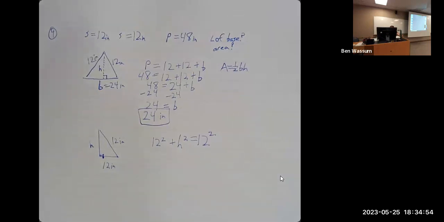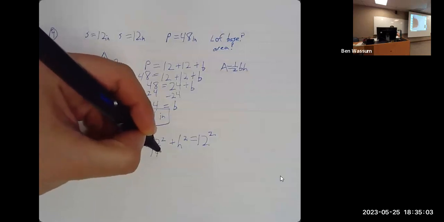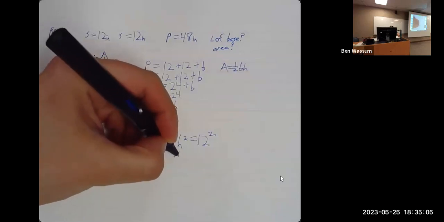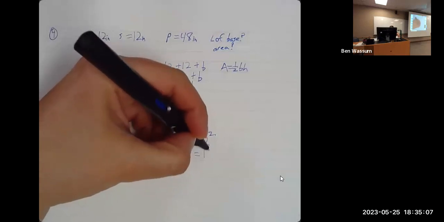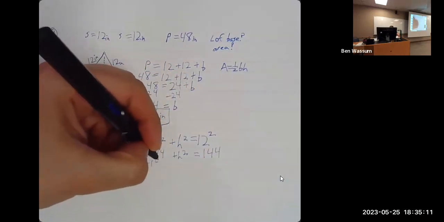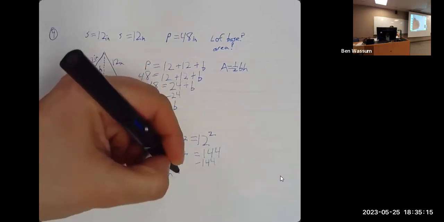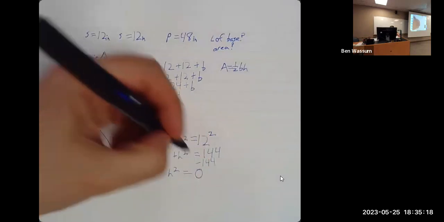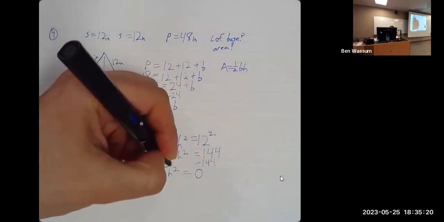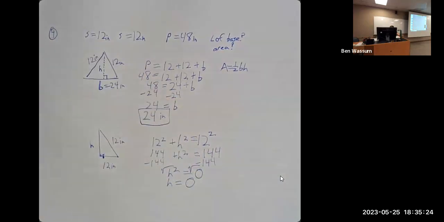So let's follow through until we run into why it's a trick question and then discuss that a bit. So each of these 12 squared is 144. But if I solved for h, h is 0.